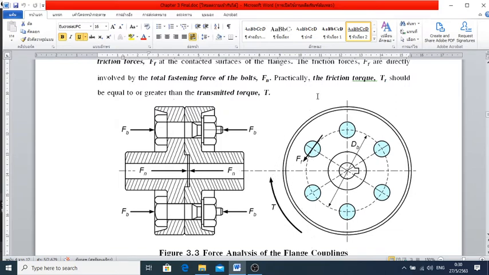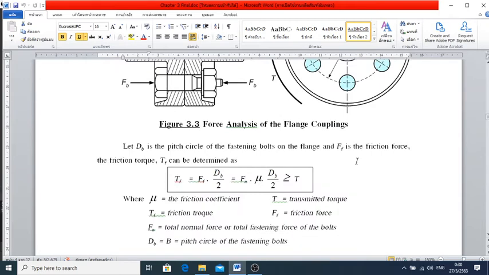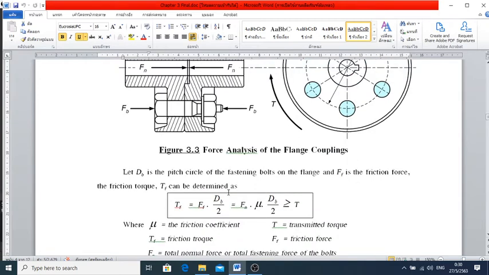And the torque generated is going to be in that direction respectively, and the diameter of the pitch is going to be D sub B. So therefore, in conclusion, the T term there is going to be the torque applied, or transmission torque from the left to the right, which should be less than the torque sub F. So the torque sub F is going to be the friction torque.